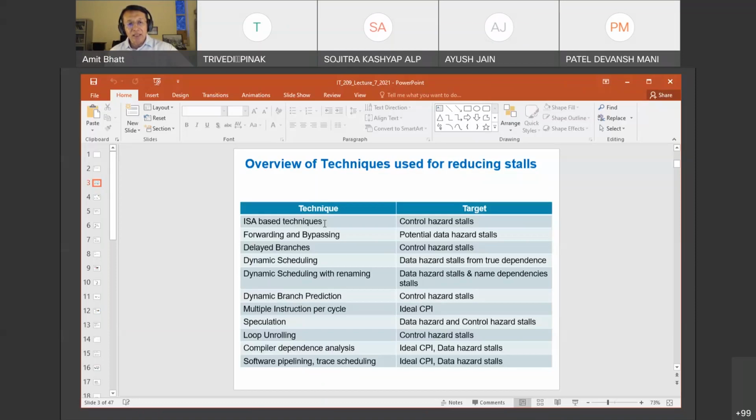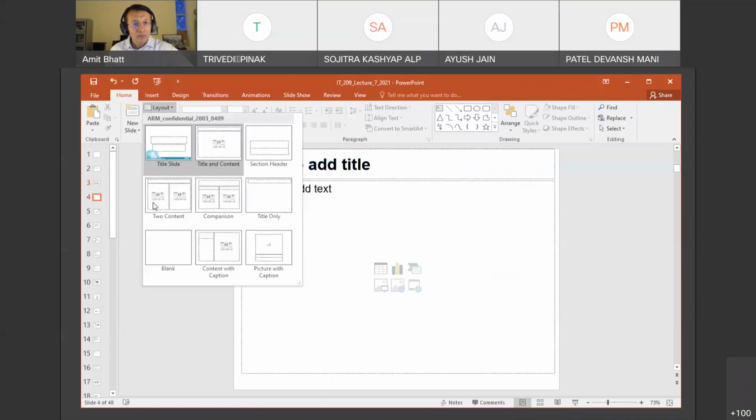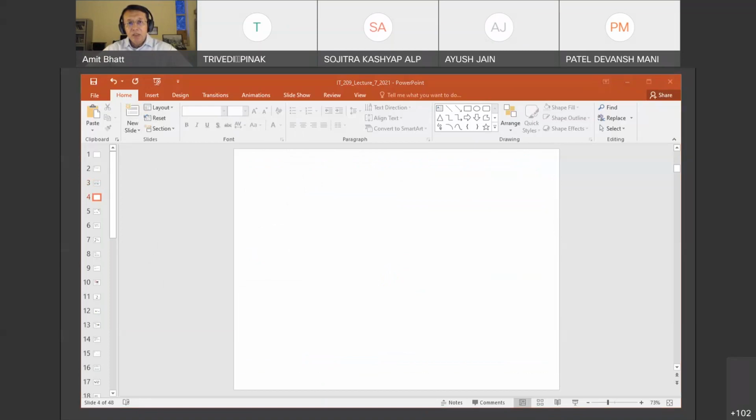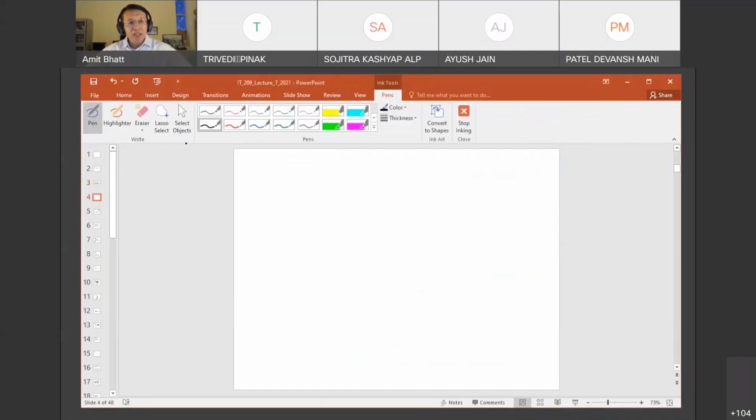instructions like, so let me just, so in ARM architecture, to remove branch related delays, you have got conditional execution statements, right?